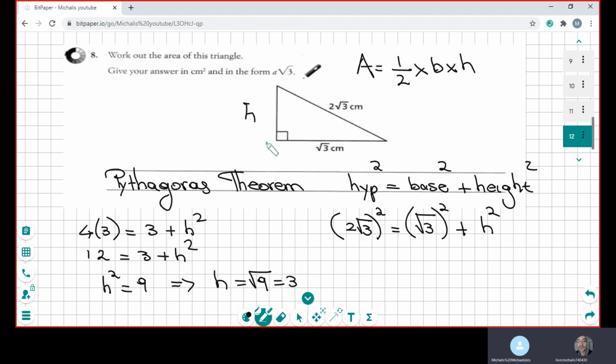Since I found the height, I can now use the formula and find the area in square centimeters. So the area is half times root 3 times 3. So it's 3 over 2 root 3. And that is the end of the exercise.